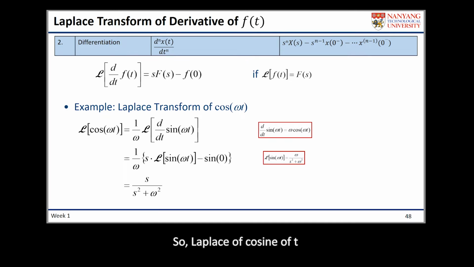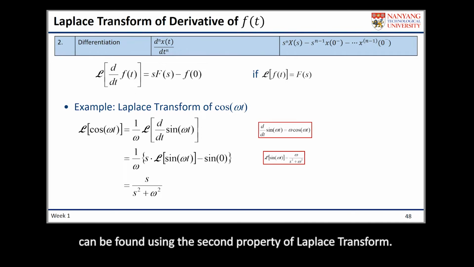So the Laplace of cosine of t will be equal to s times 1 over s squared plus 1, which is equal to s over s squared plus 1. So this Laplace counterpart of cosine t can be found by using the second property of the Laplace transform.